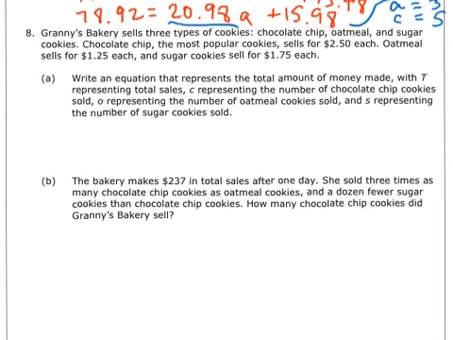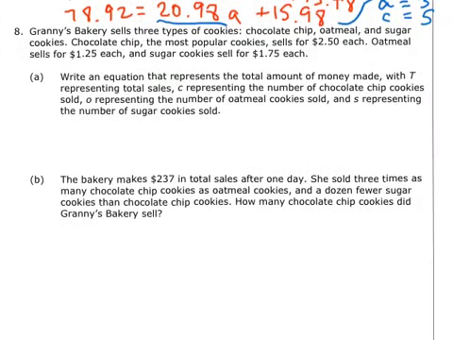Next problem is dealing with even more variables going on. Granny's Bakery sells 3 types of cookie: chocolate chip, oatmeal, and sugar cookies. Chocolate chip, the most popular cookies, sell for $2.50 each. Oatmeal cookies sell for $1.25 each, and sugar cookies sell for $1.75 each. So if we're writing an equation for this, T represents the total sales. C represents the number of chocolate chip cookies, so that's 250C plus.